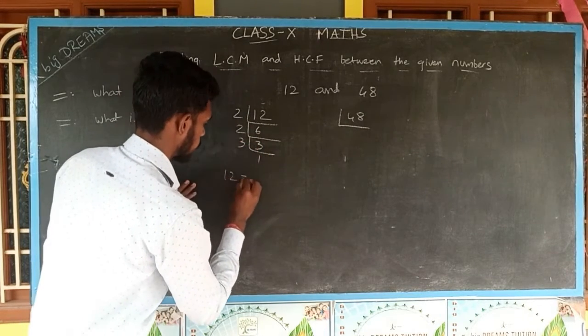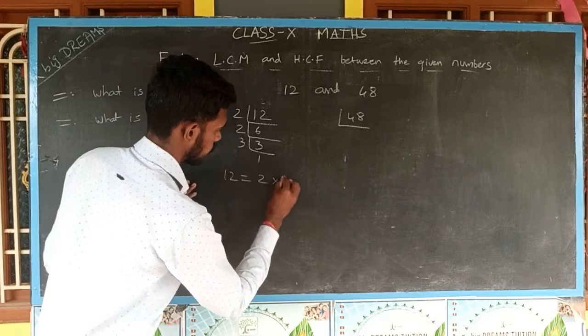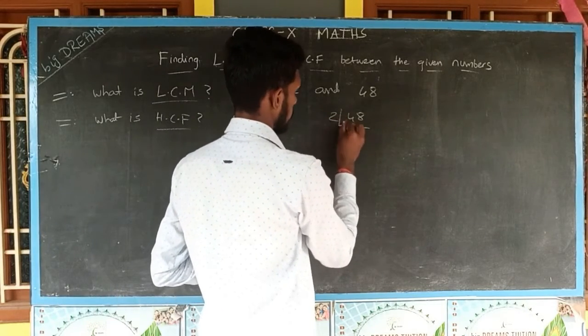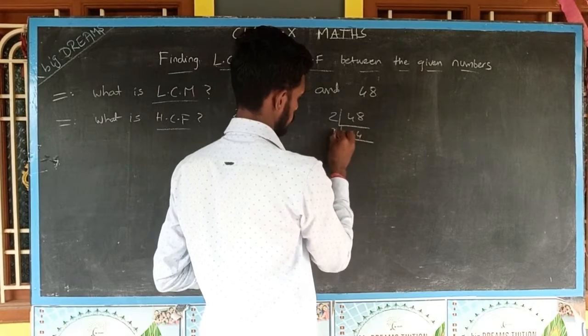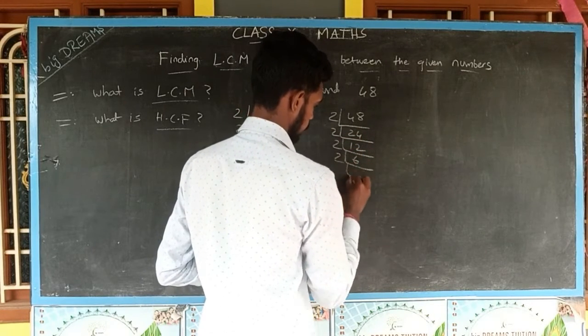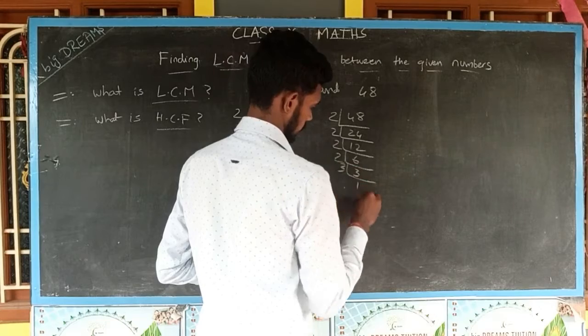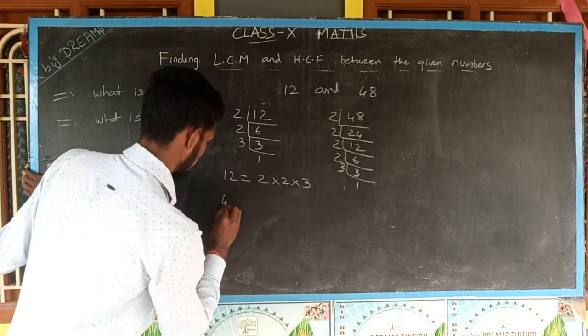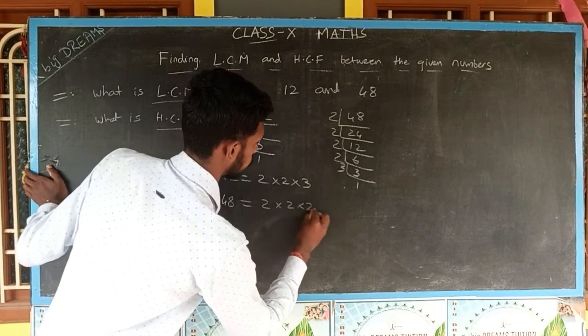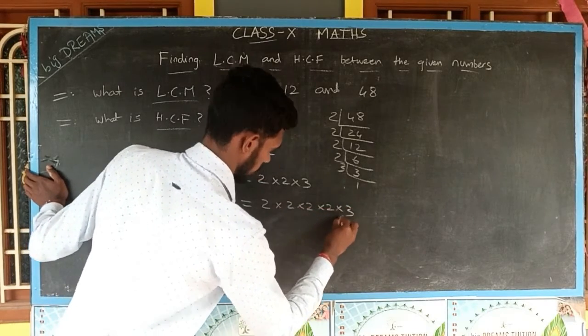So, 12 is equal to 2 into 2 into 3. Again 48 by 2 gives 24, by 2 gives 12, by 2 gives 6, by 2 gives 3. So 48 can be expressed as 2 into 2 into 2 into 2 into 3.